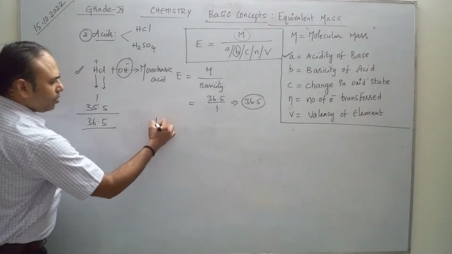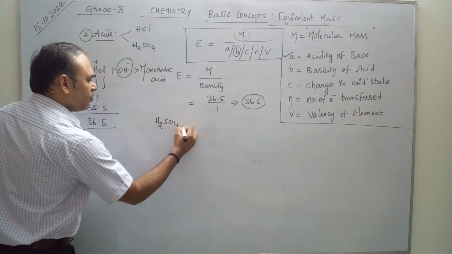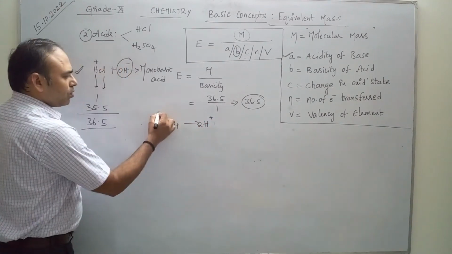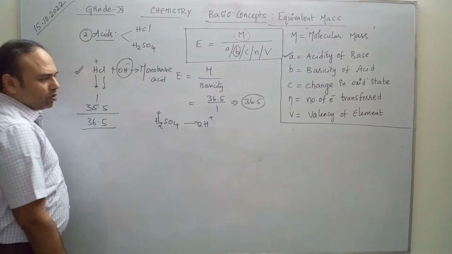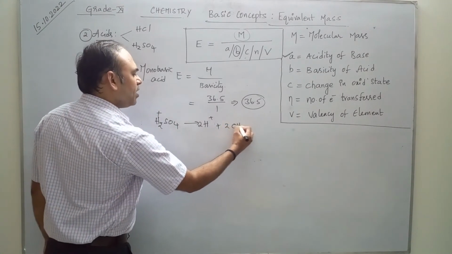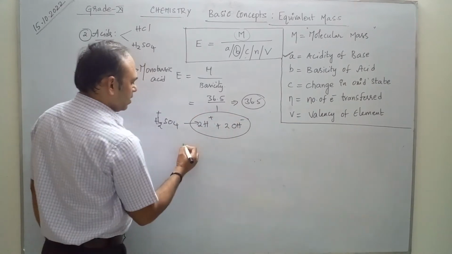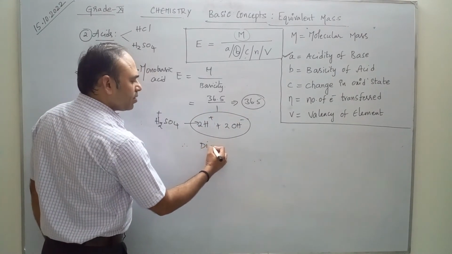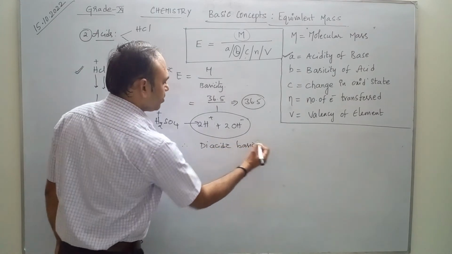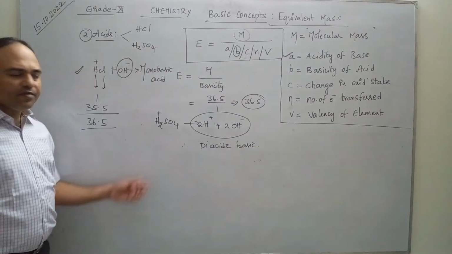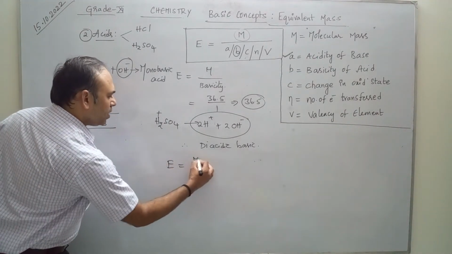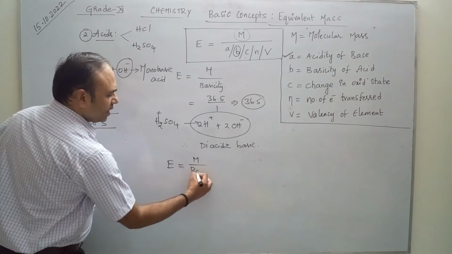Second one, for H2SO4, we know that we can split it into 2 H plus. To neutralize this, how many OH minus we need to add? We need to add 2 OH minus. Therefore, it is known as a dibasic acid. So equivalent mass is equal to M by basicity.